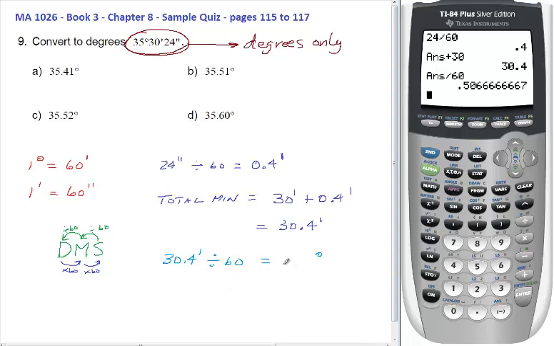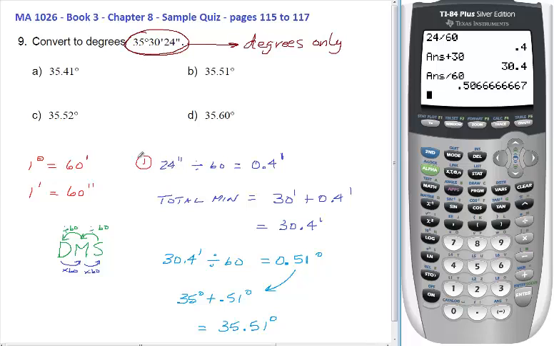So it becomes 0.51 degrees if I round it off to 2 decimal places. Then add this to your degrees up there, so it's 35 degrees plus 0.51 degrees for a final answer of 35.51 degrees. Okay, so just watch that again.